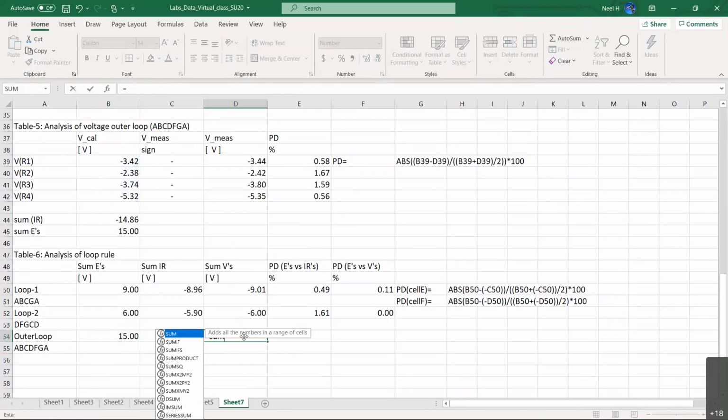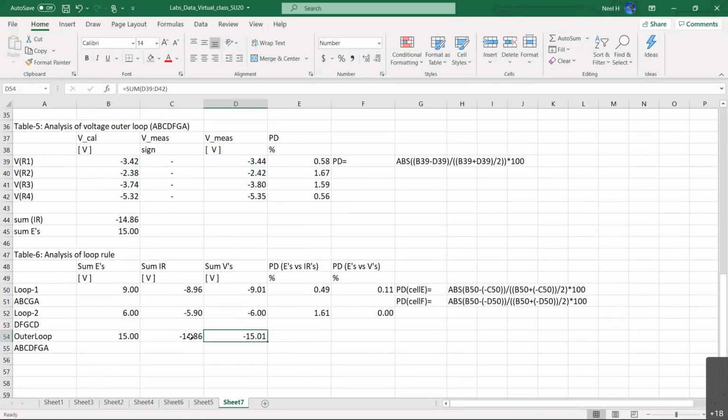Then sum, parentheses, voltage measured, these four values, close parentheses. Now we're getting very, very close values, right? So let's copy paste these two here. Then you have the percentage difference values. Okay. All right, guys. So any question? So we've done all the calculation and everything.